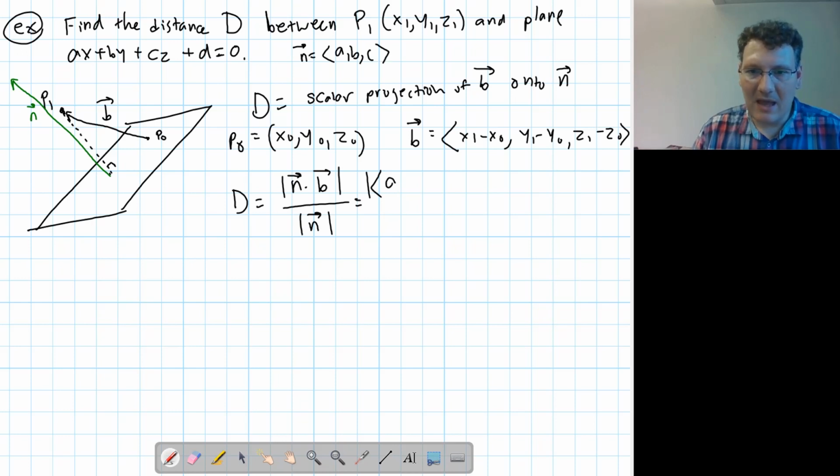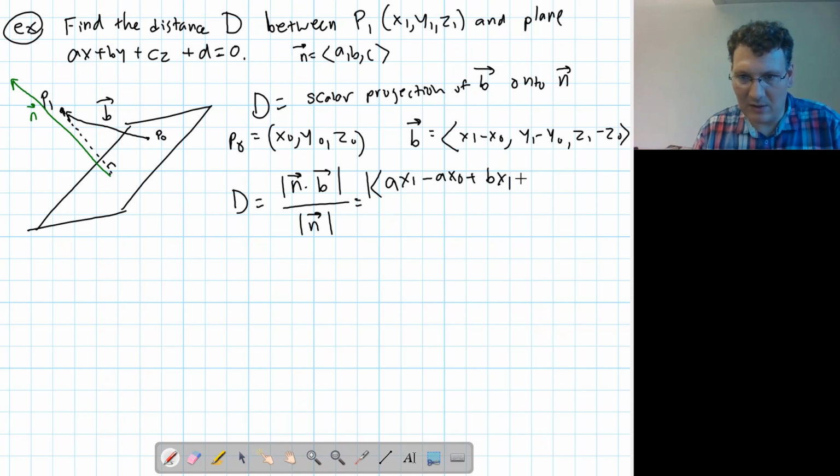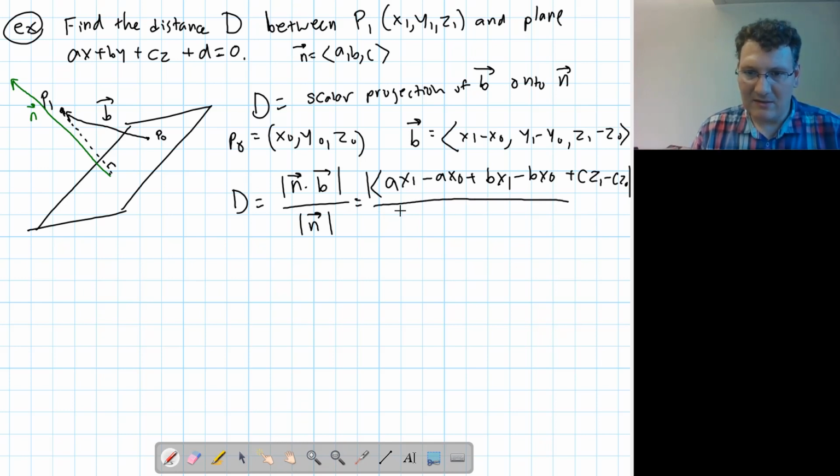So it's going to be a times x1 minus x0, plus b times y1 minus y0, plus c times z1 minus z0. And the magnitude of n is just the square root of a squared plus b squared plus c squared. That's a lot more straightforward.